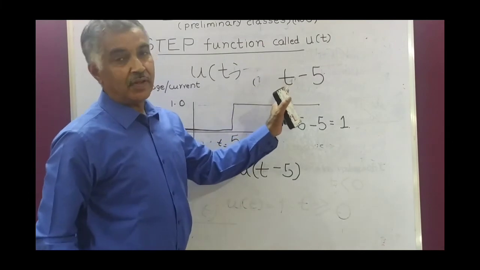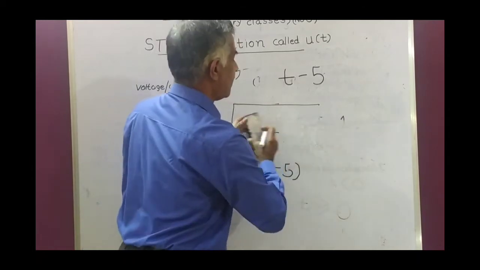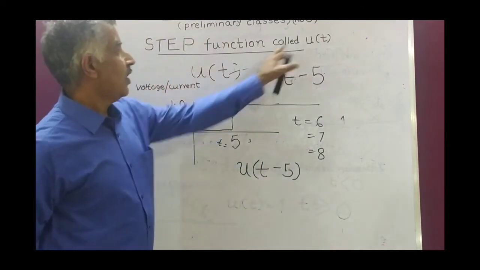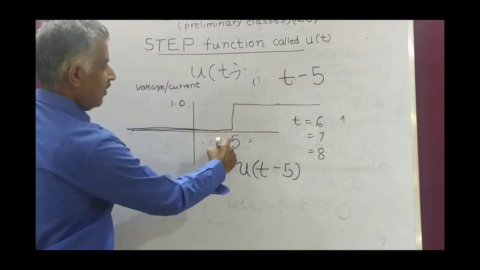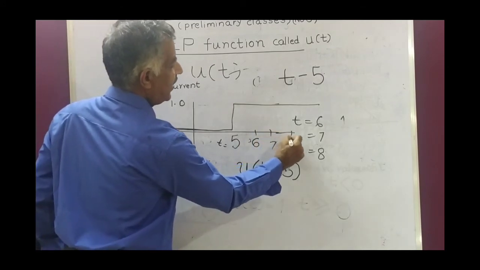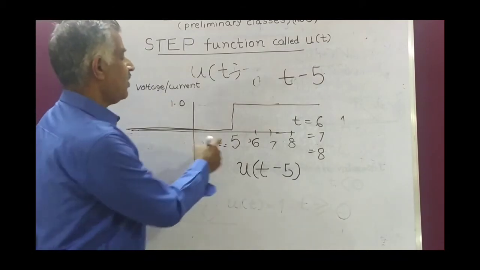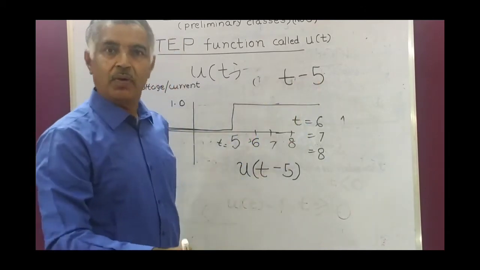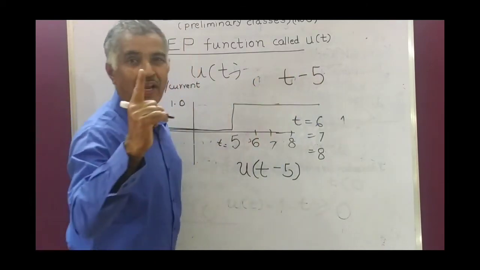So for values greater than 5, that is t equal to 6, 7, 8, etc., the argument becomes positive, and then the value is 1. After 5, t takes 6, 7, 8, etc. If you substitute in t minus 5, what is 5 minus 5? It is 0, still not negative. For t equal to 6, 6 minus 5 is 1.